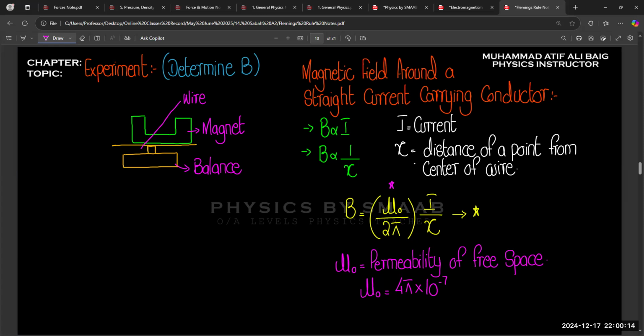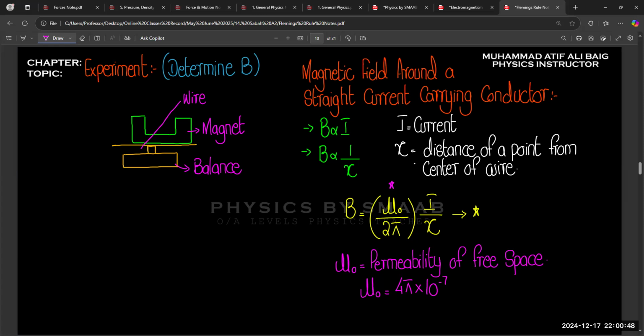Yes, you can use the direct value, but for mu naught, because sometimes in questions they ask for different values to find out or quantities to compare. So it will cancel out, and you will get the value 2 into 10 to the power minus 7. But especially for mu naught, this is the value in vacuum, like in air or in a normal medium when the magnetic field is spread out.